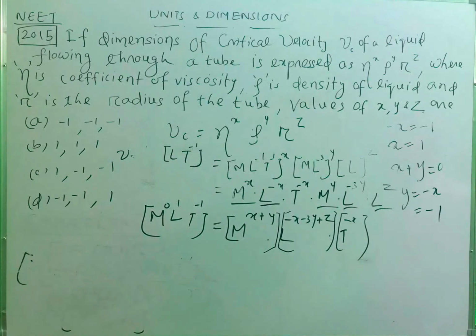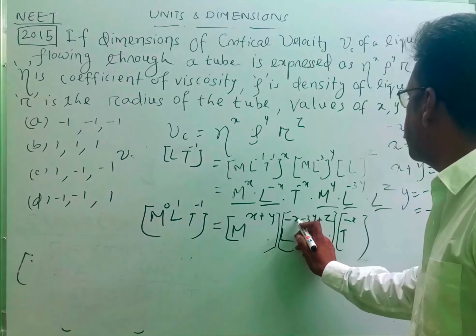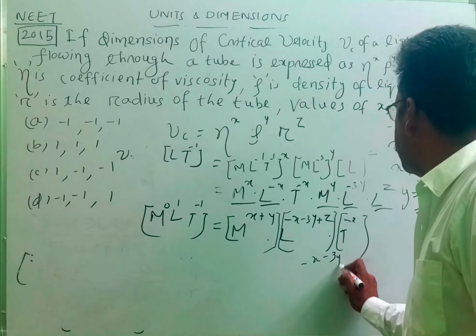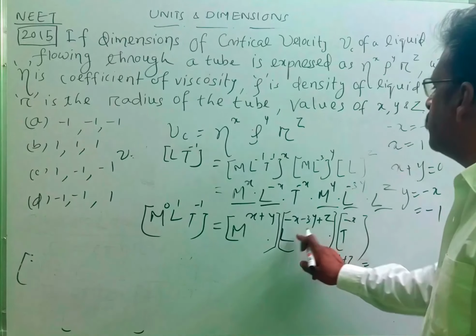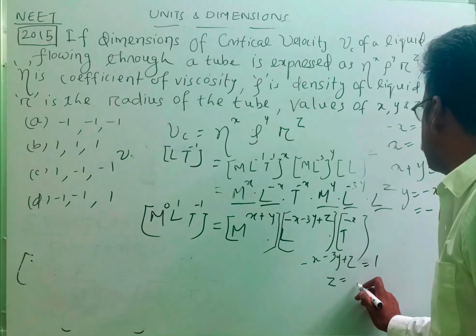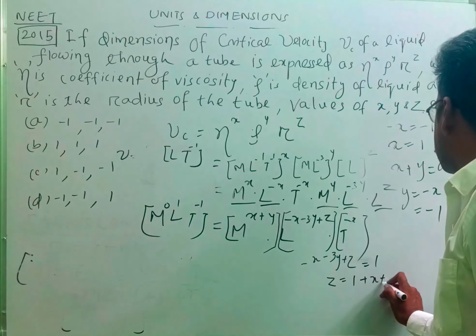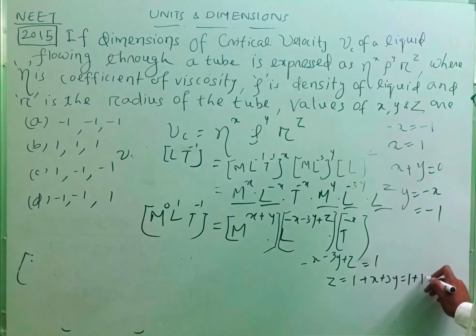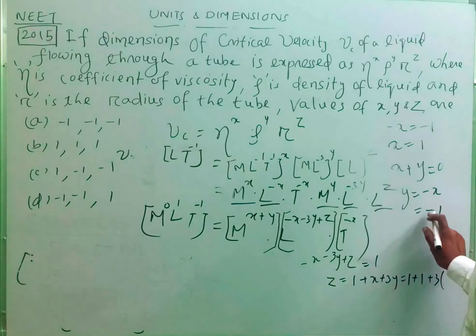Okay student? Then what is z? Minus x minus 3y plus z is equal to how much? Here 1. So z is equal to 1 plus x plus 3y, is equal to 1 plus what is x? x is 1, plus 3 into what is y?